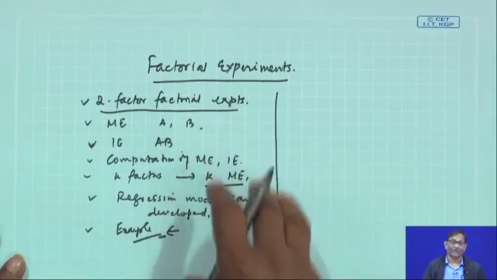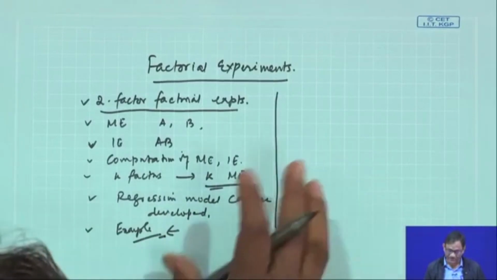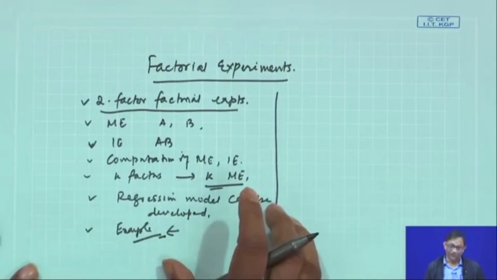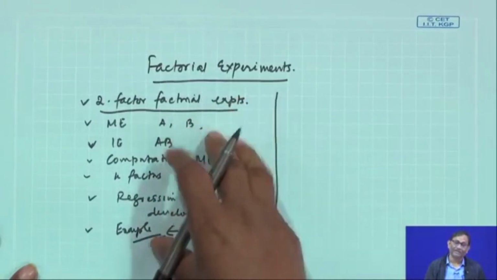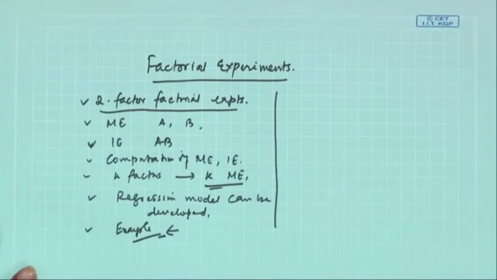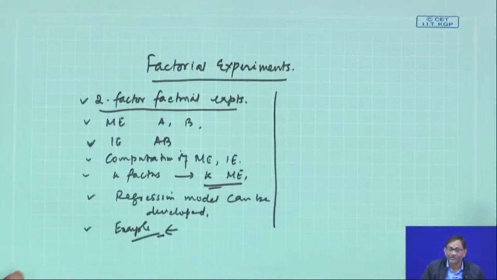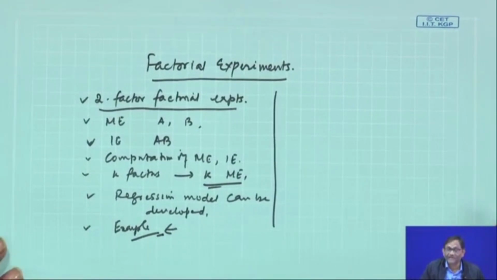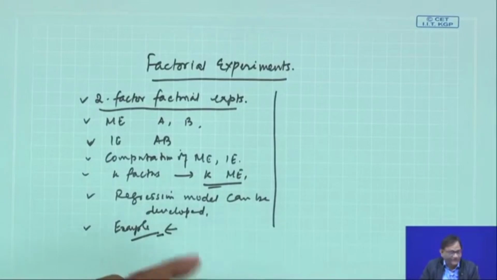In this lecture, I will give you some statistical analysis of the experimental data. We will see whether the model is able to capture the variability in the response variable, and whether the main and interaction effects are really contributing in explaining the variability of the observed y, the response variable.